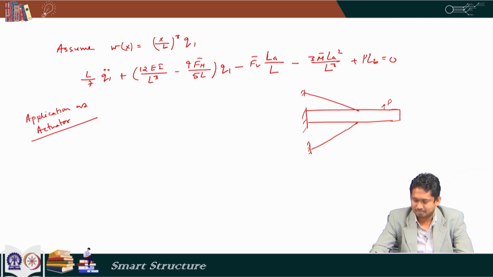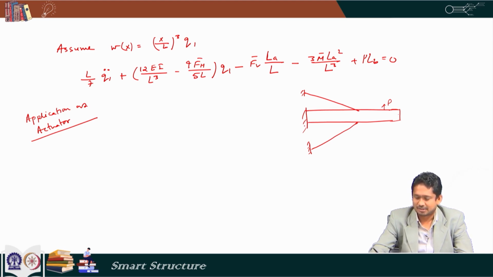Now, here apart from the temperature, the stress also comes into picture, because when the beam is going up or down, the stress in the wires also changes. So, the non-linearity still remains, which needs to be solved, but temperature also comes into picture because of the actuation.